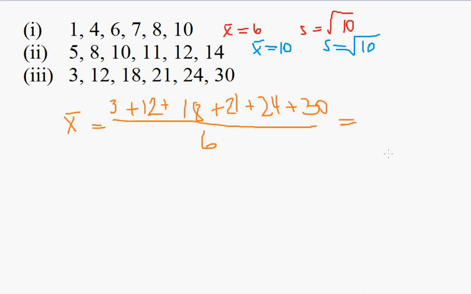And so doing the arithmetic, we get 3 plus 12 plus 18 plus 21 plus 24 plus 30, all divided by 6, and I get a mean of 18.